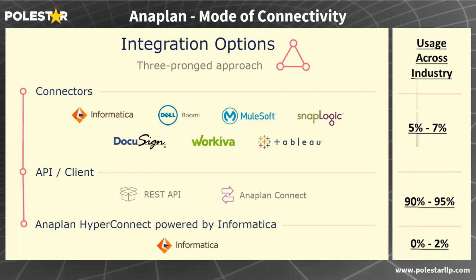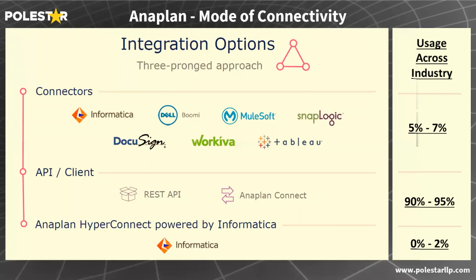Also, there is Anaplan Hyperconnect, which is powered by Informatica on top of the other tools, where you can directly use it, or you can buy the Hyperconnect from Anaplan and directly start using that. We have been working with a lot of different customers, and depending upon the market data and the usage across the industry, what we have found is that 90 to 95% of Anaplan users are still using Anaplan Connect, right?